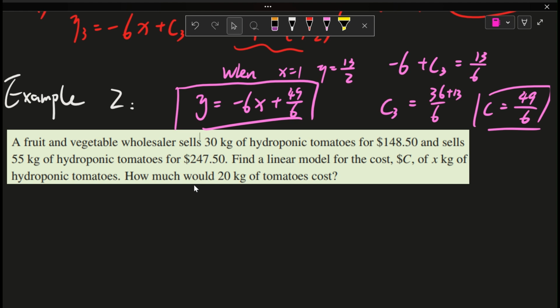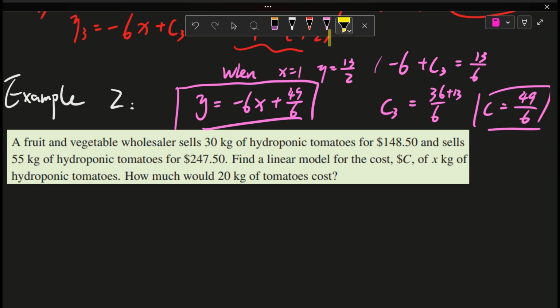A fruit and veggie wholesaler sells 30 kilograms of hydroponic tomatoes for $148.5 and sells 55 kg of tomatoes for $247.5. So we're going to highlight everything.